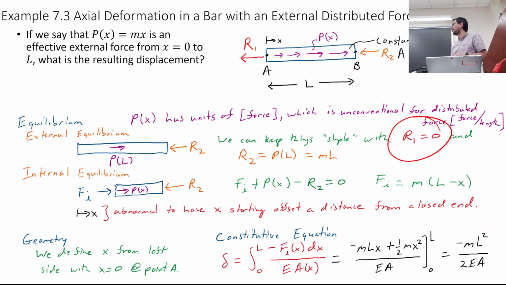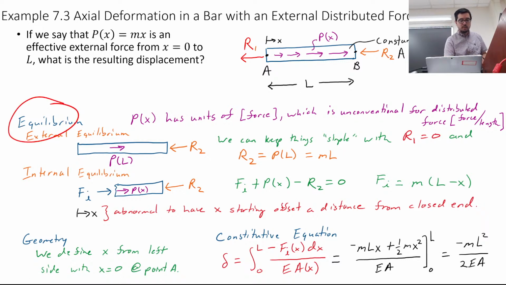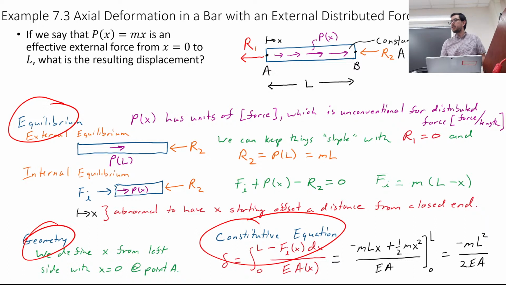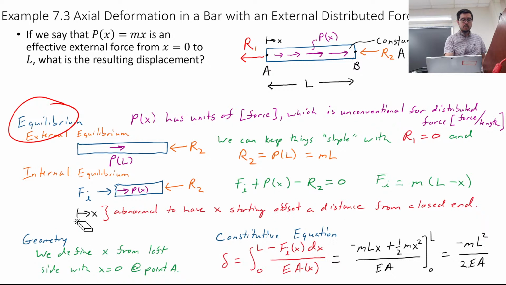I guess it's not just for kicks, but you could have a system where I have a bar that's got this distributed force, and then I apply another force on top. Then I've got both a constant force and a distributed force. So maybe it was a little confusing to include that, but it's not there. Okay, so now if we use the CDO approach, where we look at equilibrium, geometry, and constitutive equations, we can attempt to break down this problem.